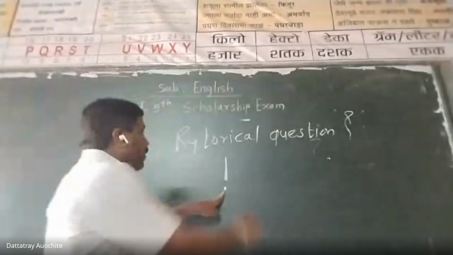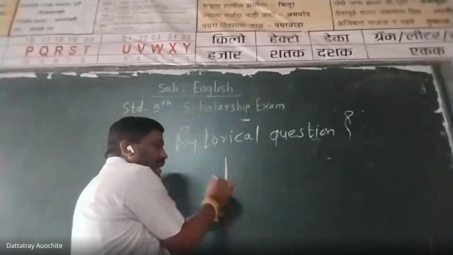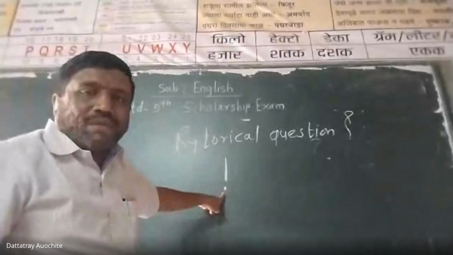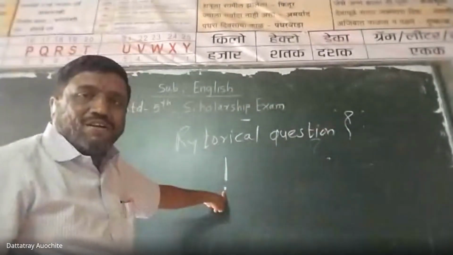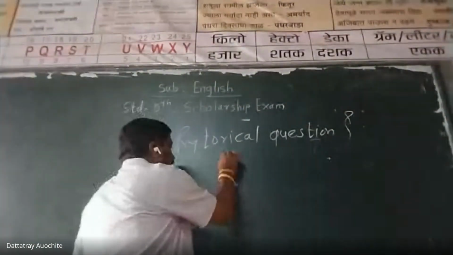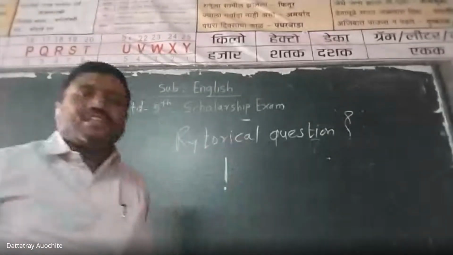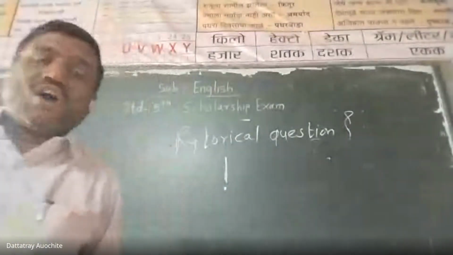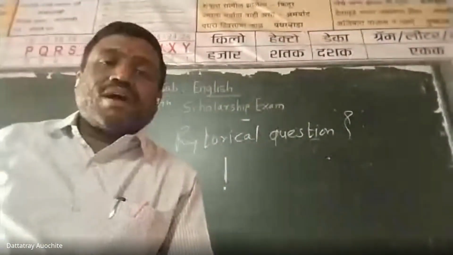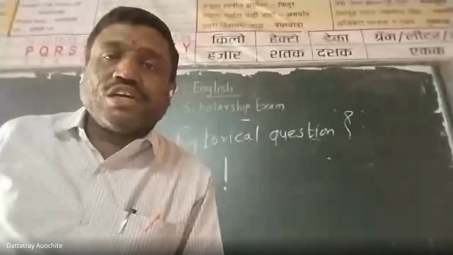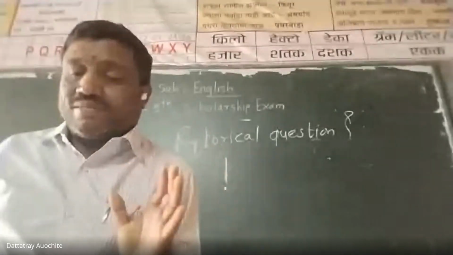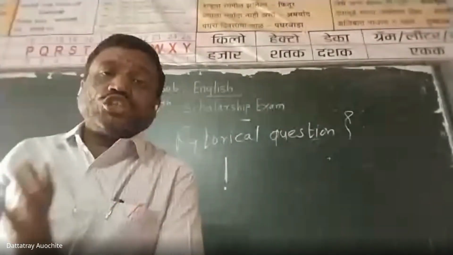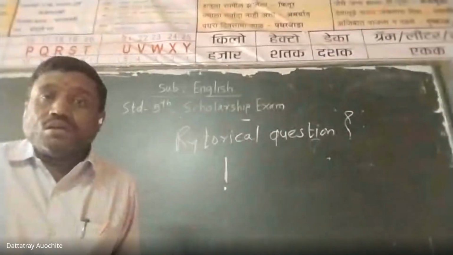So a vertical line, and at the bottom, leaving some space, a full stop or point. Such a mark is called an exclamation mark, udgar vachak chinha in Marathi.